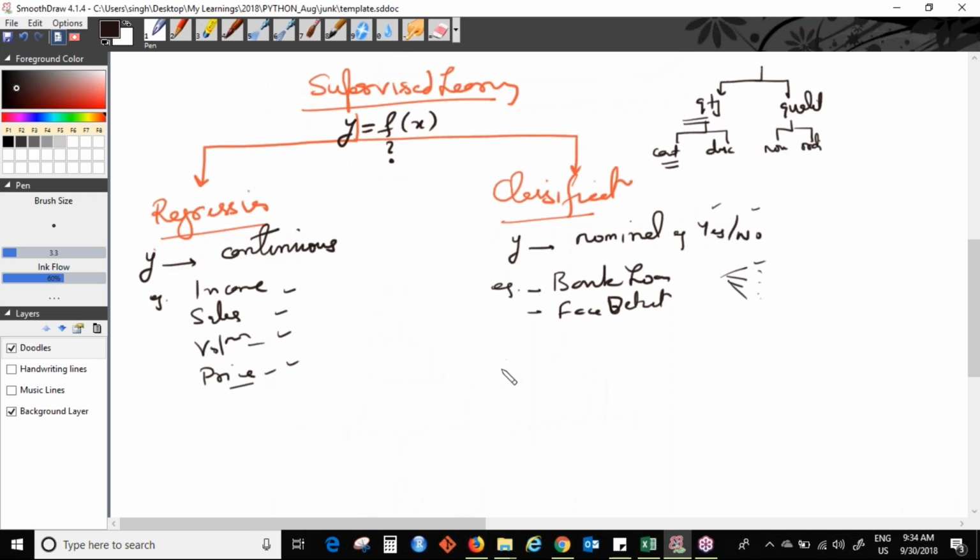For example, in reference to the stock market, whether you should buy a stock, sell a stock, or hold a stock. There are 3 options here, so this is a classification problem. Or for example, the Titanic data: the passenger either survived or did not survive, so this is also binomial in nature.